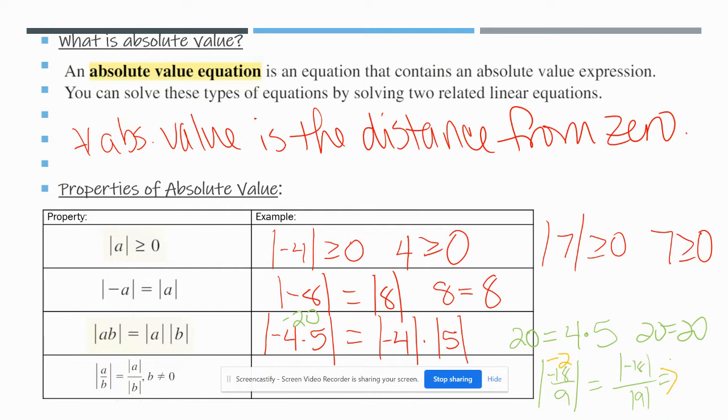And the absolute value of -2 is 2. If I separate it, the absolute value of -18 is 18. The absolute value of 9 is 9, and 18 divided by 9 is 2. So we still get 2 is equal to 2.